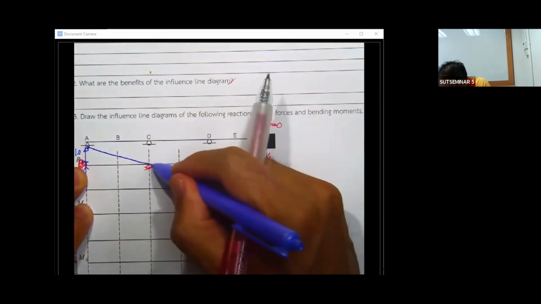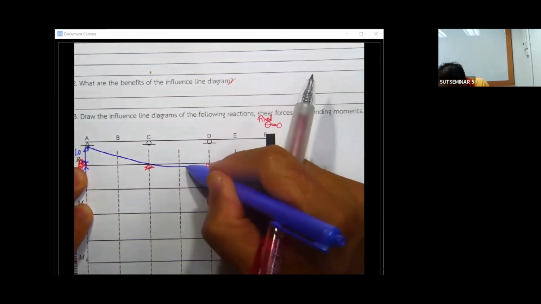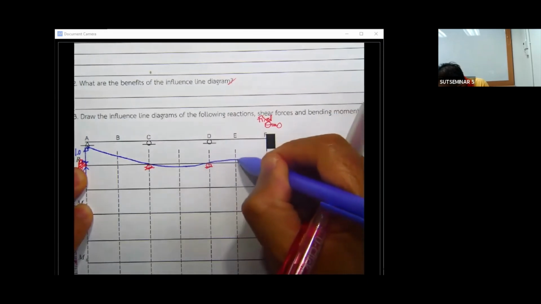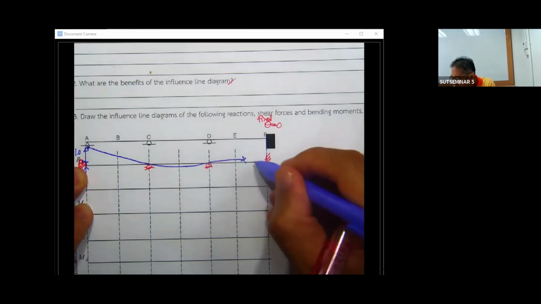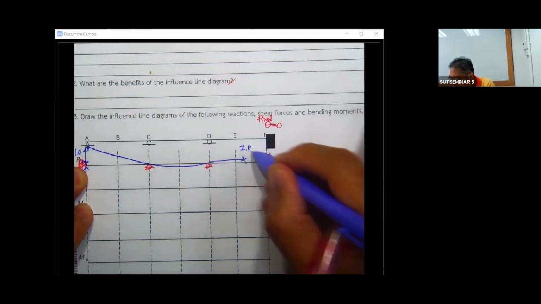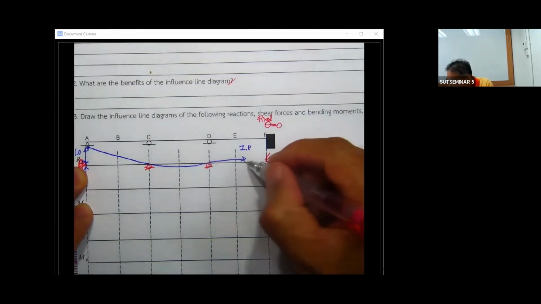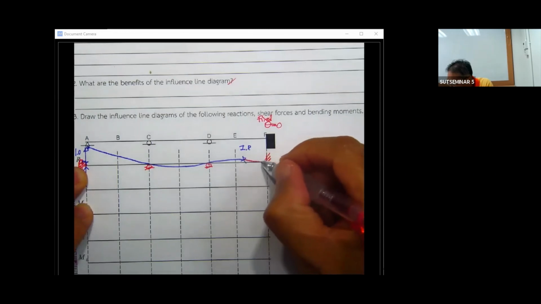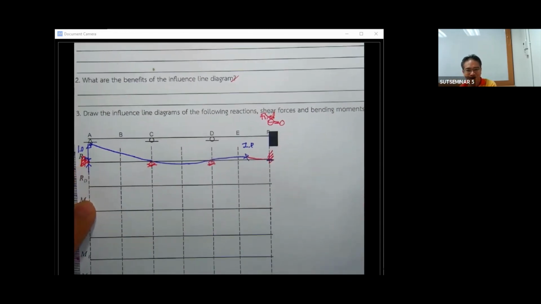This one is going to be downward, and this one going upward, and because this end is fixed, this one is going to have the inflection point, and this portion is going to be concave upward. It's different from the previous one.